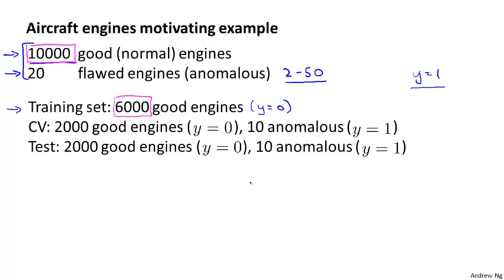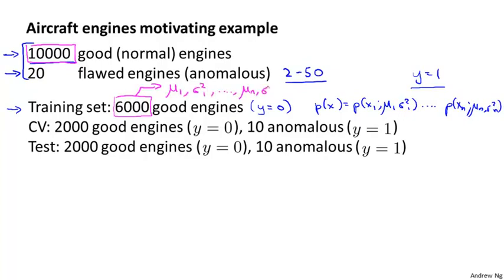We will use these 6,000 engines to fit P of x, which is P of x1 parameterized by mu1, sigma squared 1, up to P of xn parameterized by mu n, sigma squared n. So it's these 6,000 examples that we would use to estimate the parameters mu1, sigma squared 1, up to mu n, sigma squared n. That's our training set of all good, or the vast majority of good, examples.